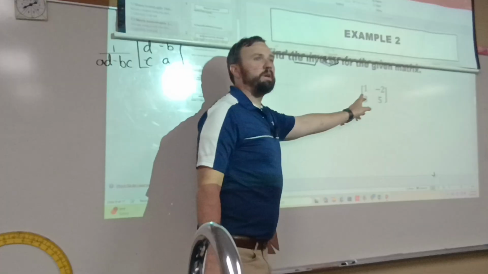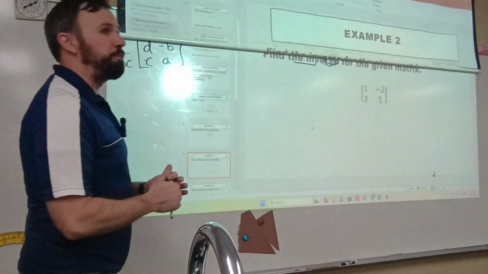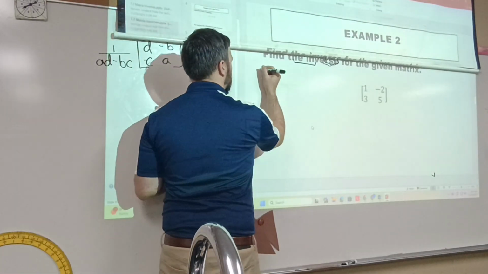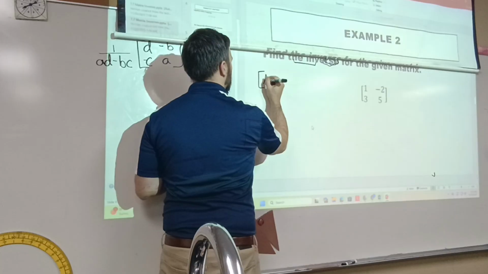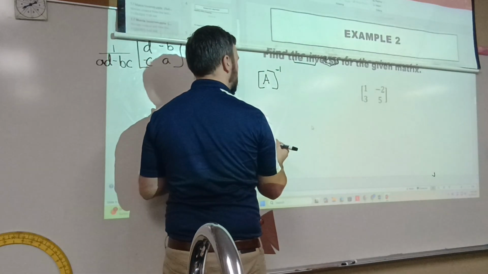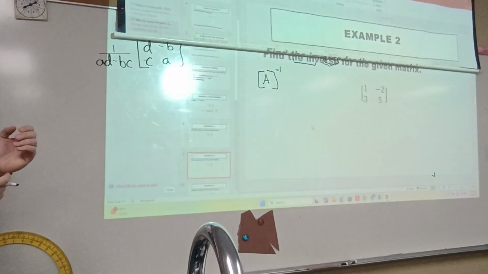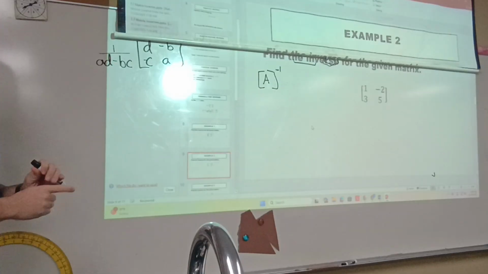Find the inverse of this matrix using your calculator. Give it a shot. Try it out. What would be beneficial in your notes is to write down what it looks like when you plug it in your calculator. That'll help you out because then you'll have a remembrance of how to do it.